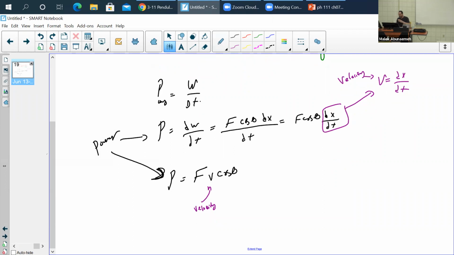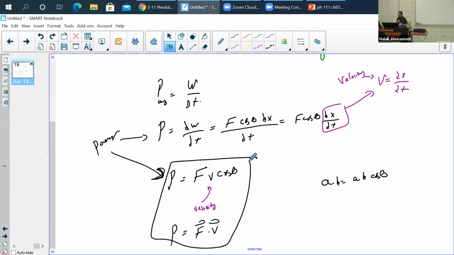And again, at a 0-degree angle, that's your F dot v, which is the result of a dot product, your A dot B, AB cosine of the angle between them. So it'd be your F dot your v.